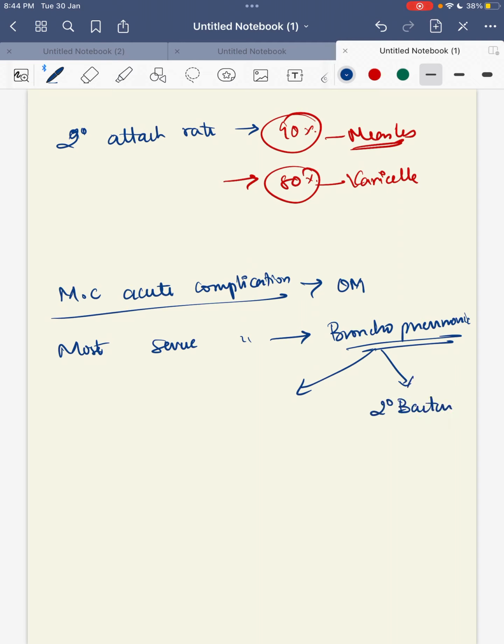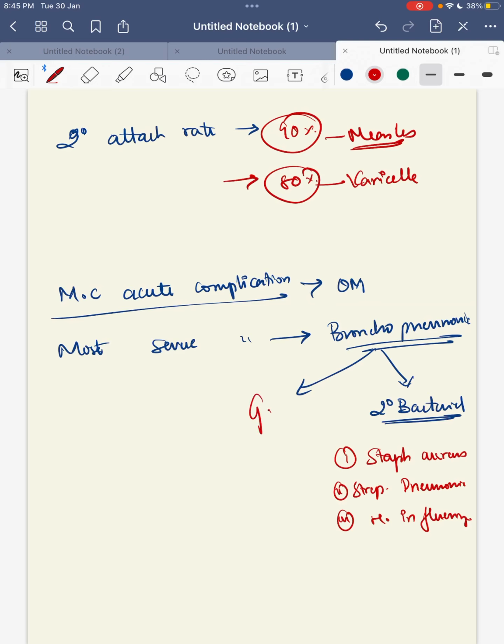Here we have two types of bronchopneumonia. One is because of secondary bacterial infection. The most common bacteria that cause bronchopneumonia in a child affected with measles are: first Staph aureus, second Streptococcus pneumoniae, third H. influenzae. Next, the measles virus itself can cause bronchopneumonia.